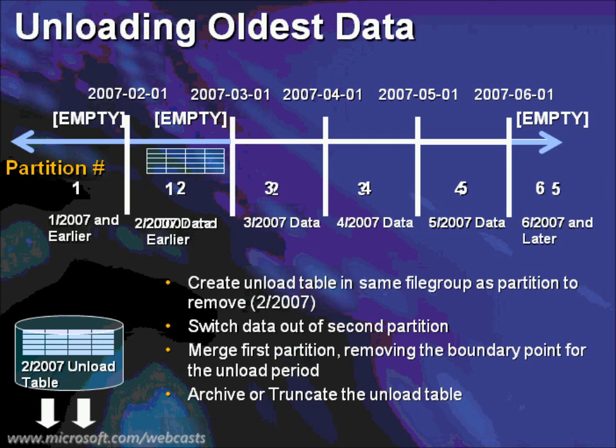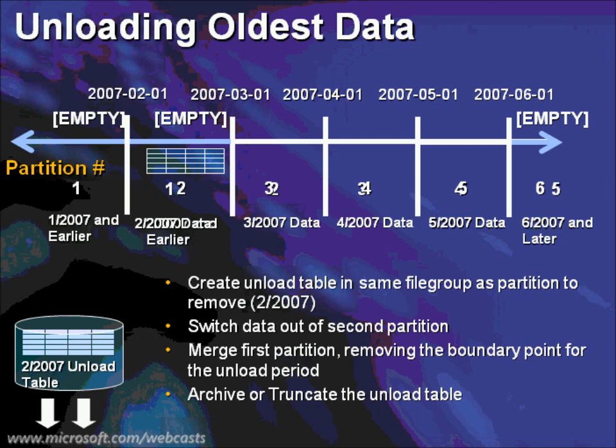So there's the unload table. It's now empty, but it has the correct schema that lines up with the schema of the fact table. It's on the correct file group, same file group as partition 2. We switch out the second partition. Bam. That's a metadata-only operation. It happens very quickly, in sub-second time.